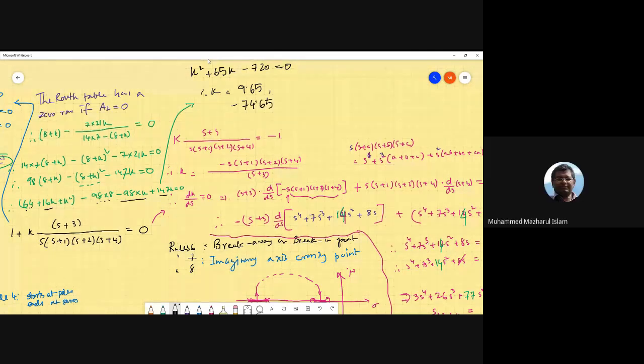Okay, so you have one positive solution. It will do so for k equals to 9.65, your A2 will be 0. So therefore for k equals to 9.65, A2 will be 0 and the Routh table will have a 0 row.